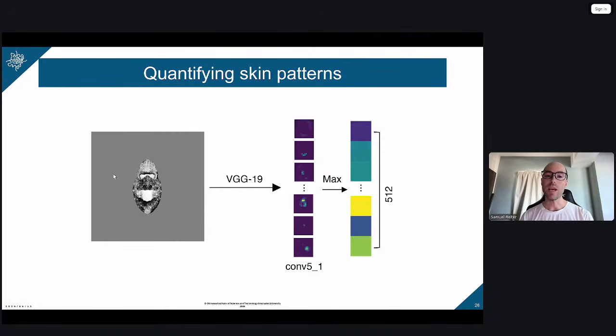And we reasoned that the animals are adopting visual textures in order to blend in with the visual textures of the background. So we could use the VGG network to parameterize the camouflage patterns from cuttlefish. So we take these images, pass them through the network, and take the fifth convolutional layer as our description of camouflage. So we go from 4,000 by 3,000 pixels in the image to 512 dimensions for describing this camouflage.